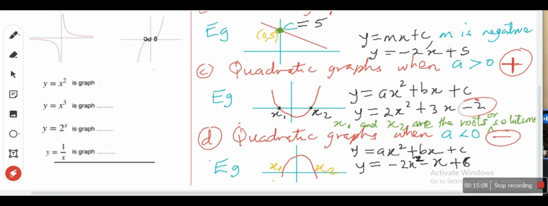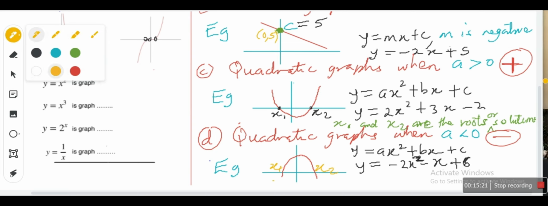You can even see it here. This is a C. Did you see what I'm circling? Yeah. Okay, what's the coordinate? Let me write this one you just mentioned. You say here is 0, minus 2. What about this one? What's this coordinate? 0, 6.